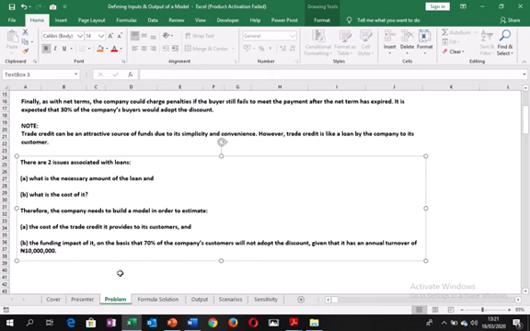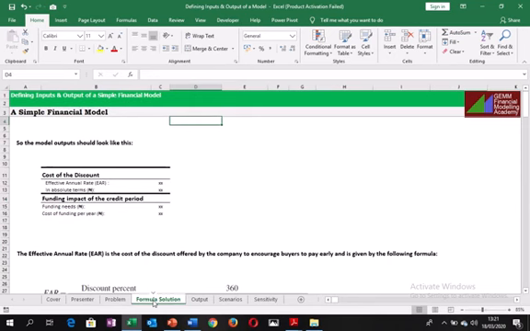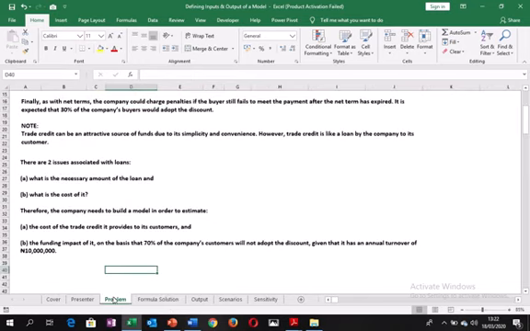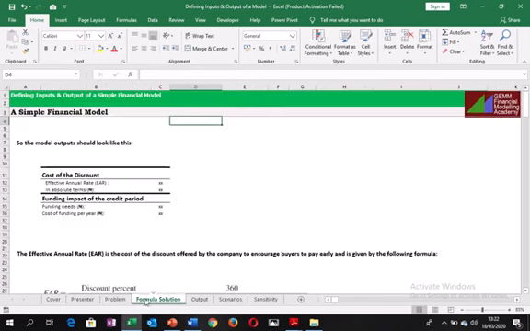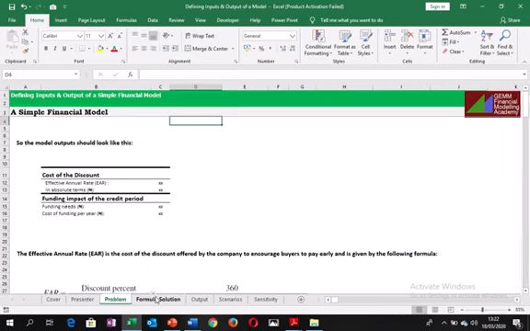So this is the problem, and we have been able to establish the outputs, then identify the inputs from these outputs. Now, when you look at this, you see that a formula approach has been used on this problem, where formulas are used to establish the output for this model.